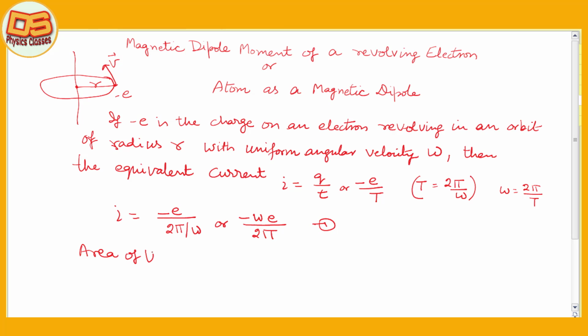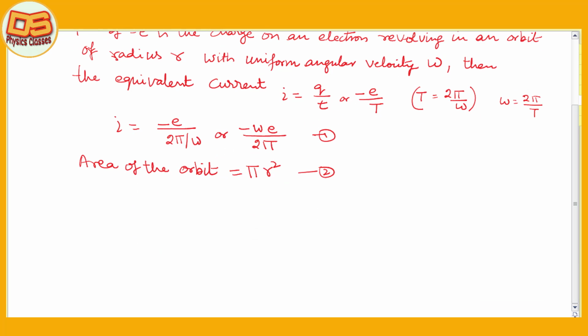Then the area of the orbit is equal to pi r square. Clear?